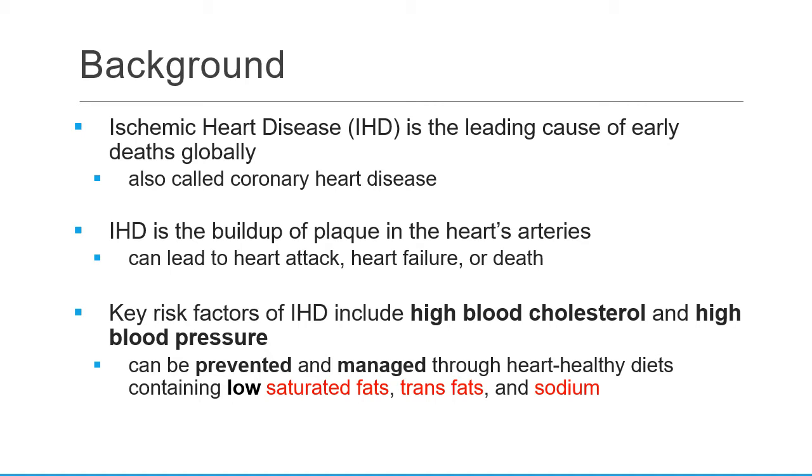According to the National Heart, Lung, and Blood Institute of the U.S. Department of Health and Human Services, the key risk factors of IHD include high blood cholesterol and high blood pressure. These factors can be prevented and controlled by eating heart-healthy foods, low in saturated fat, trans fat, and sodium.